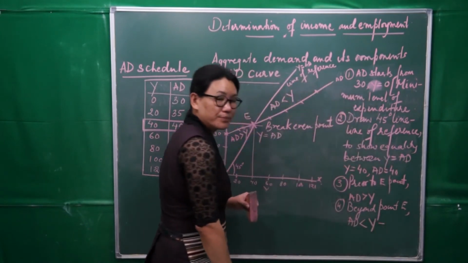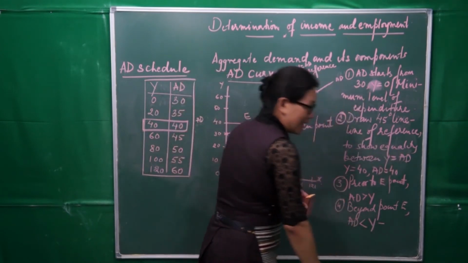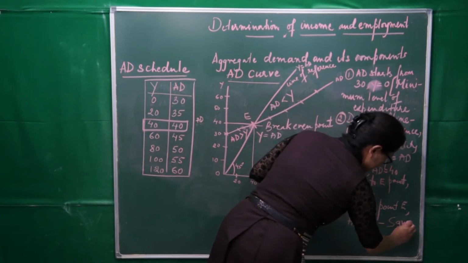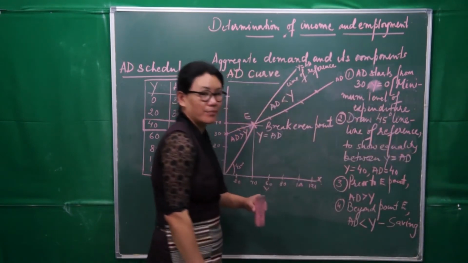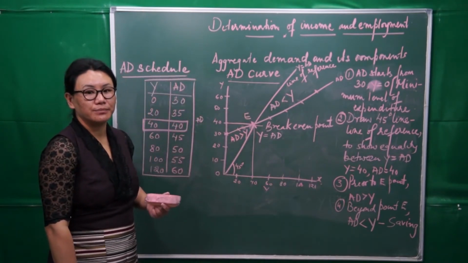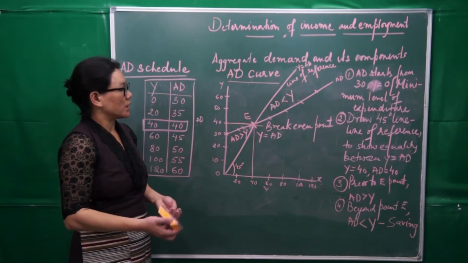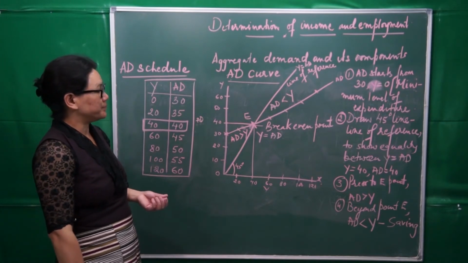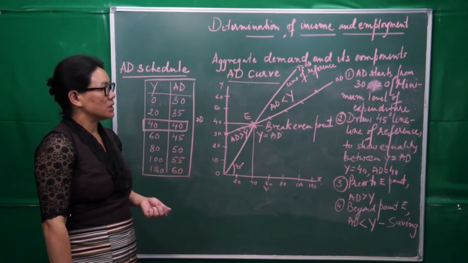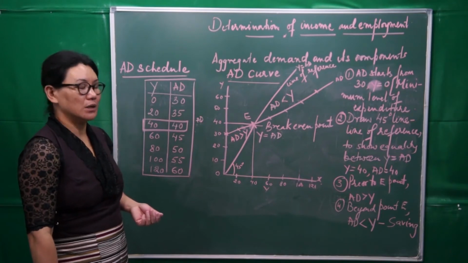I said before, this is because of what? At higher levels of income, people will start what? Saving. Saving will come here. All right. Okay. So this is how we can go for the description of the aggregate demand curve. Is that clear? Okay.